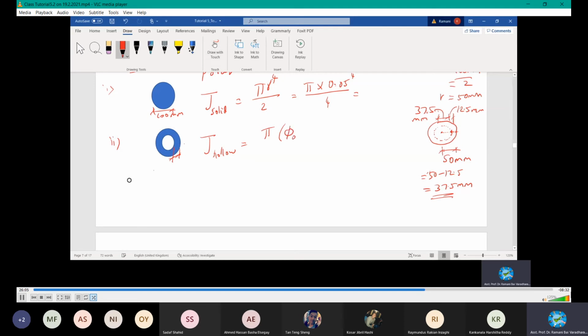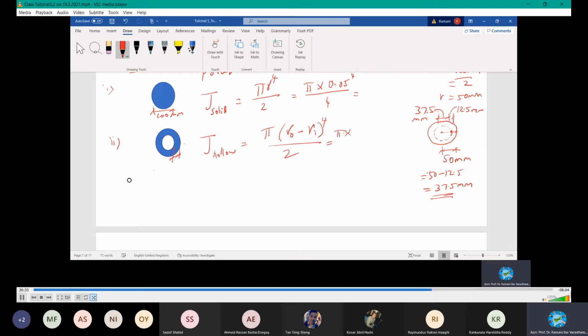I write it like this: pi outer minus pi inner, with the radius as R outer minus R inner. If you subtract, you will get this one. That is what we have done here. So R outer minus R inner, we did it. Now we got this value, power 4.